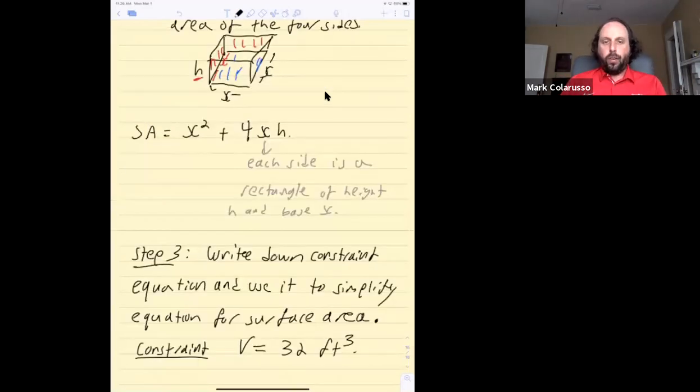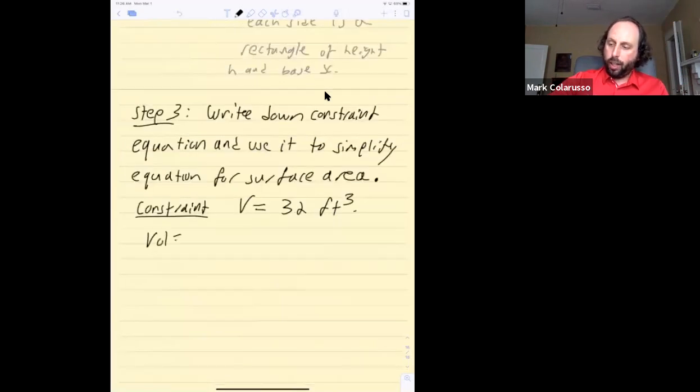Hopefully you remember some basic geometry: the volume of a rectangular prism is the area of the base times the height. So V is the area of the base times the height.